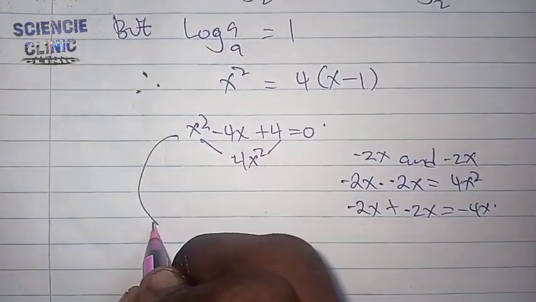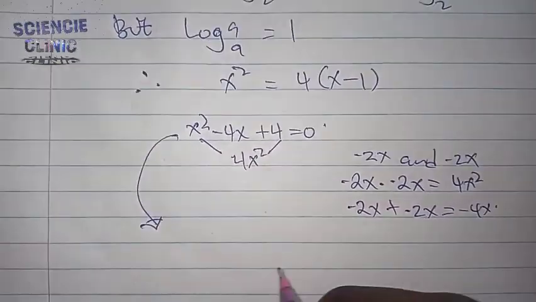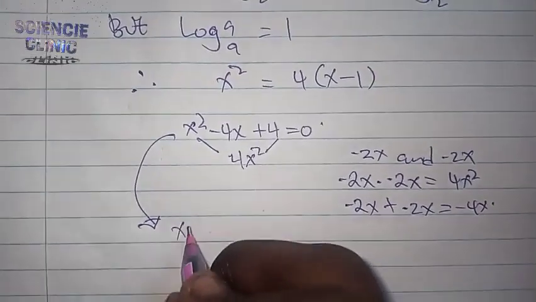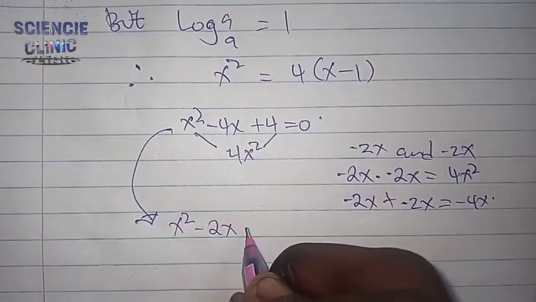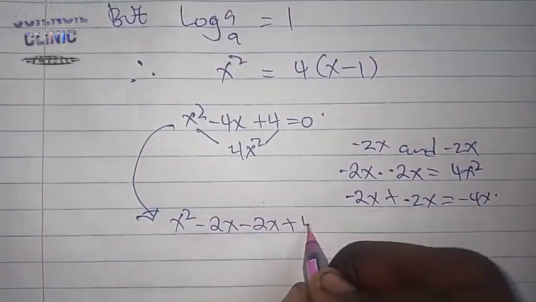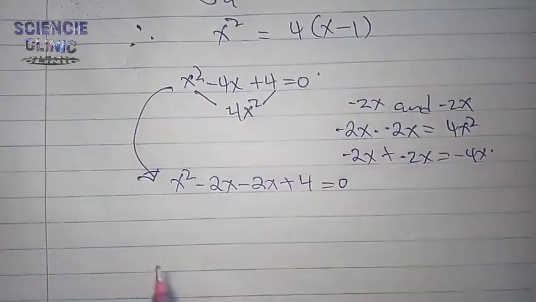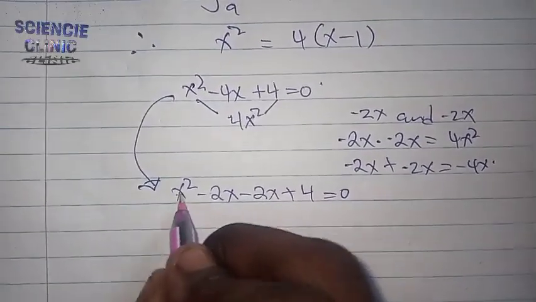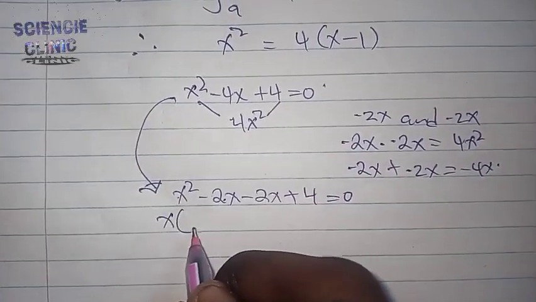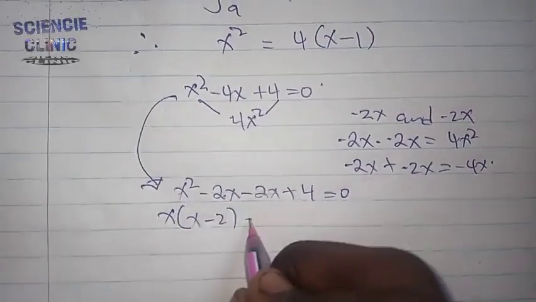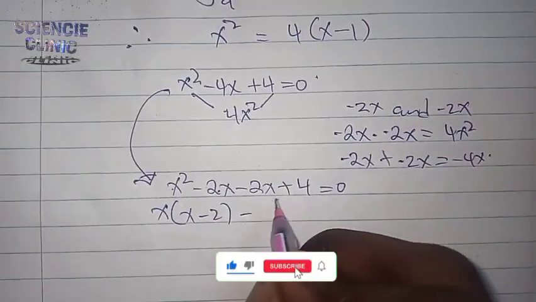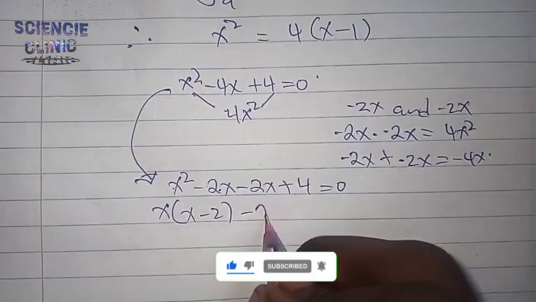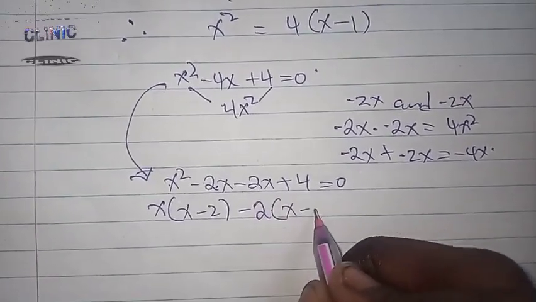So I can rewrite this as x squared minus 2x minus 2x plus 4 equals 0. Therefore, if I deal with these two terms, I'm getting x into x minus 2, minus, dealing with these two terms, the common one is 2 into x minus 2.